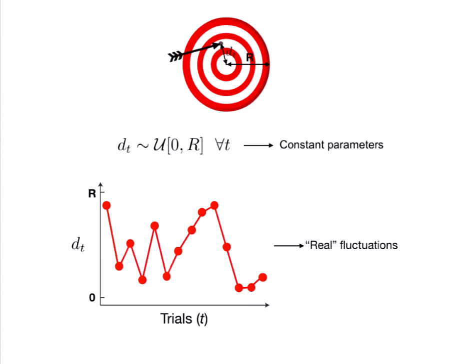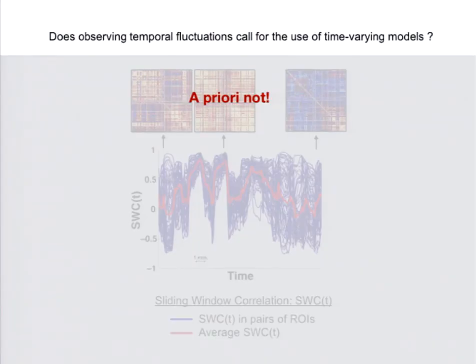So we don't need different models of the archer here and here, for example. And so this actually directly answers our initial question. A priori, we don't need different models to model what's happening when the brain is highly connected versus when it's weakly connected.